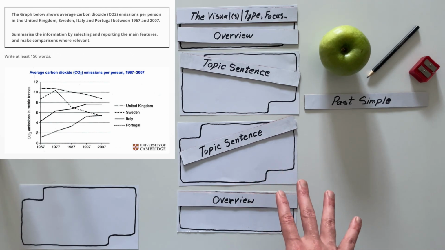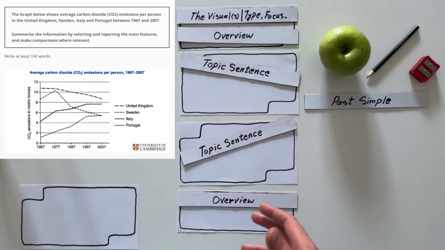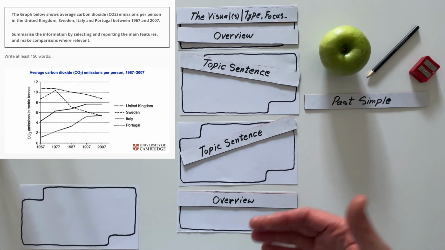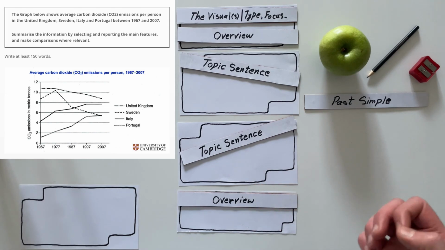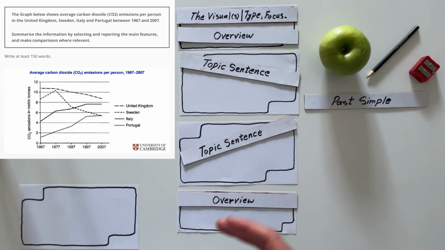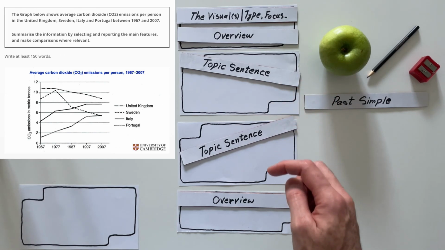We don't give away a lot of details. We don't talk about the amount of change, the ups and downs, if it reached a plateau or it didn't. We don't talk about these small elements here, just sentences, words. Every single detail has to go into these two body paragraphs.